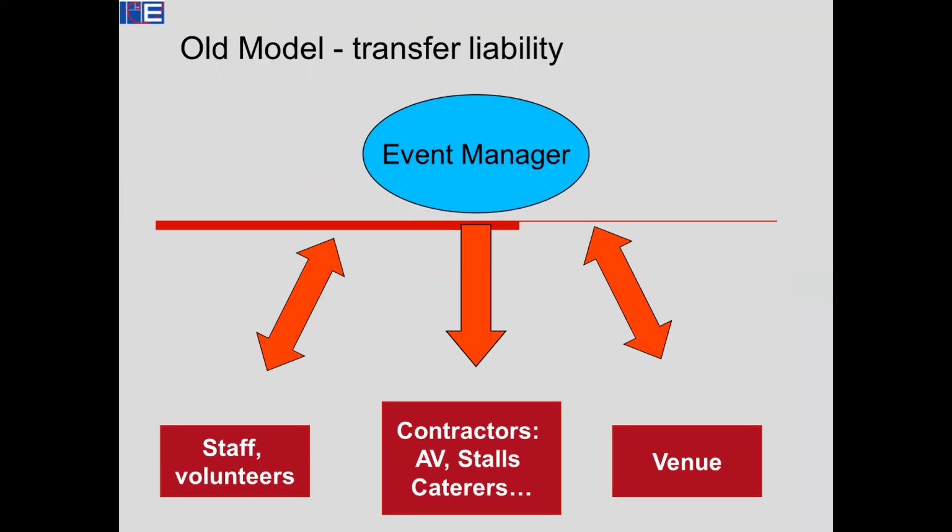In other words, you'd say to the venue, if anything happens in the venue, it's your fault, not mine. If anything happens with the audio visual or the stalls, then it's the fault of the contractors, not mine. And if you come to my event and anything happens to you, it's your fault, not mine. Okay, now that's the old way of thinking. That's changed dramatically over the last 5 to 10 years.